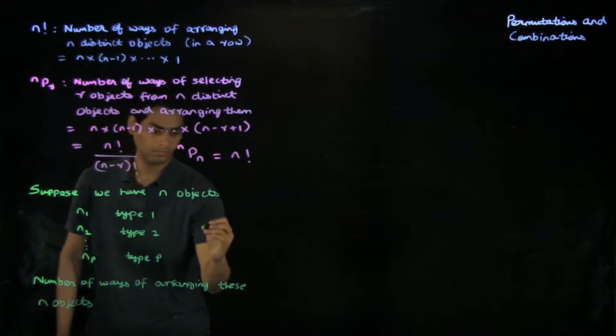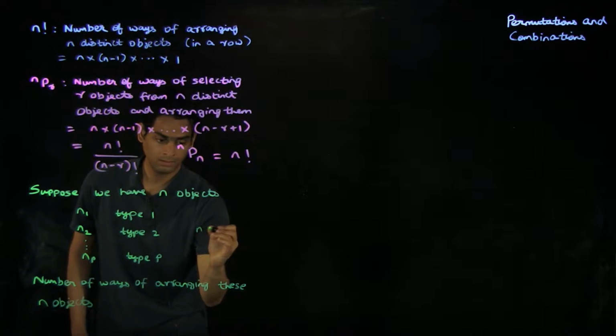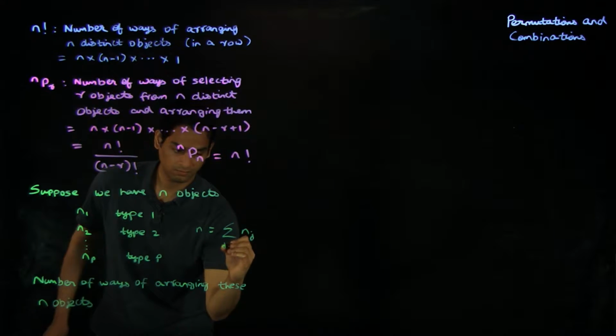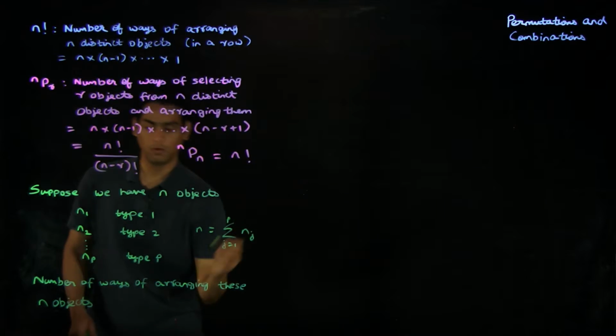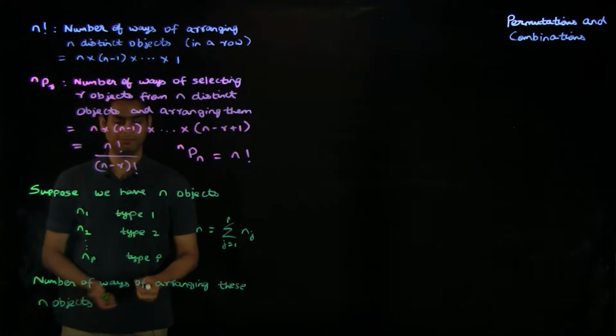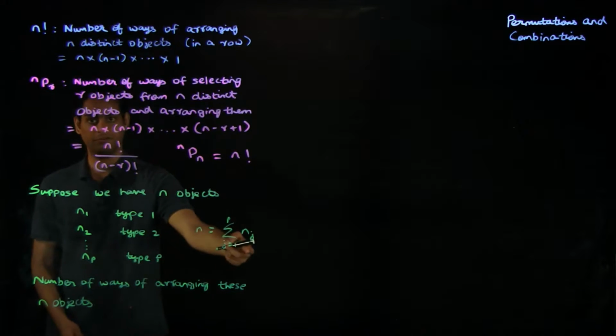And it is assumed that n is nothing but the sum of all these objects. So n is composed of these n1, n2, and np objects. So that's what we've stated here.